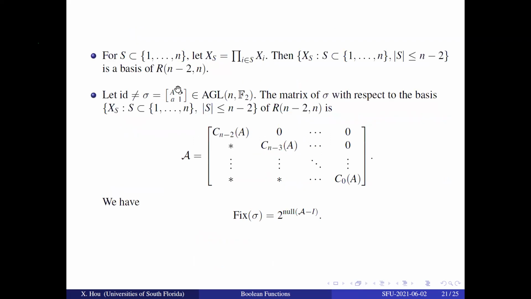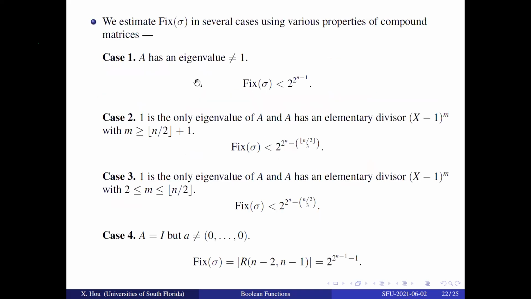Capital A is the matrix part and lowercase a is the vector part. So in the first case, we assume that among the eigenvalues of the matrix A, there is at least one eigenvalue of A which is not equal to 1.